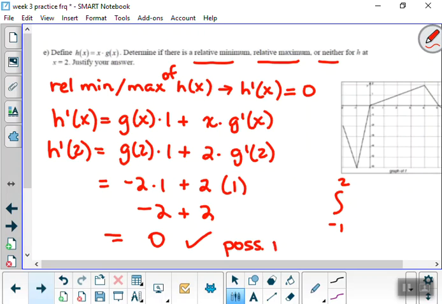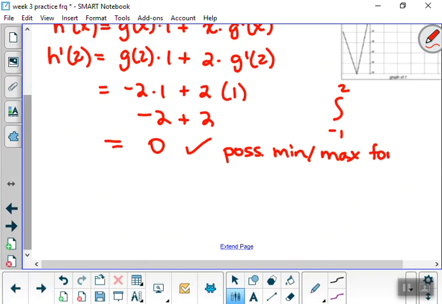Possible min or max for h at x equals 2. We could do first derivative number line around 2 for h prime.